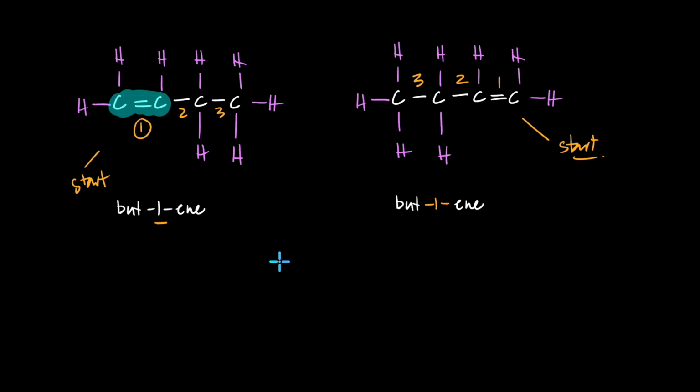Now these are, by the way, called isomers. What are isomers? Molecules with the same molecular formula but different structures. And displayed is a way of showing the structure. So there is no but-3-ene.